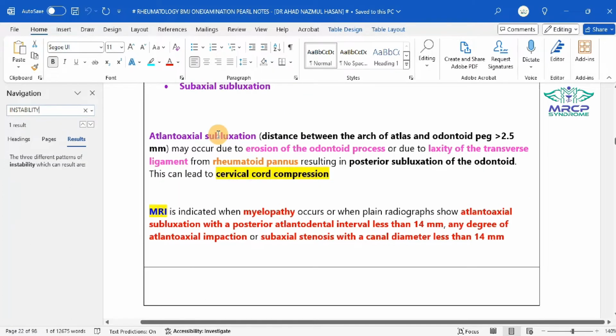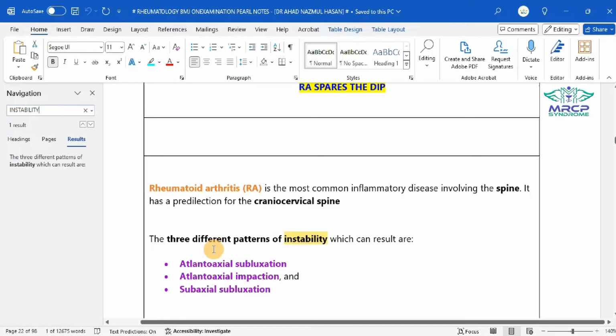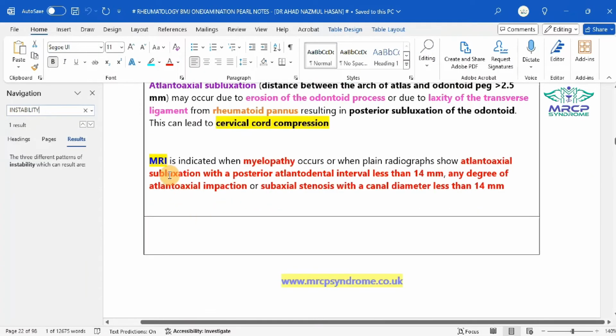And this atlantoaxial subluxation can occur either due to erosion of the odontoid process or due to laxity of the transverse ligament from the rheumatoid pannus, resulting in the posterior subluxation of the odontoid. And ultimately, this atlantoaxial subluxation can lead to cervical cord compression. And whenever this type of instability is suspected, the choice of investigation should be the MRI.